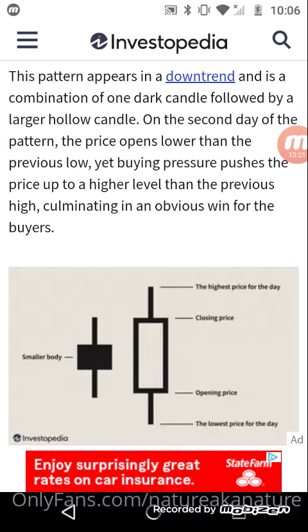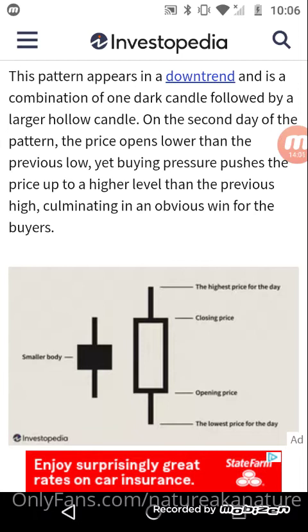The wicks signify the highest point that price went to and the lowest point that price went to before it closed. So price will go to the lowest point for the day, go back up to the highest point for the day, and then close.